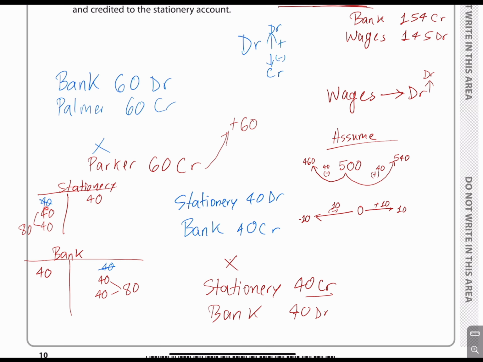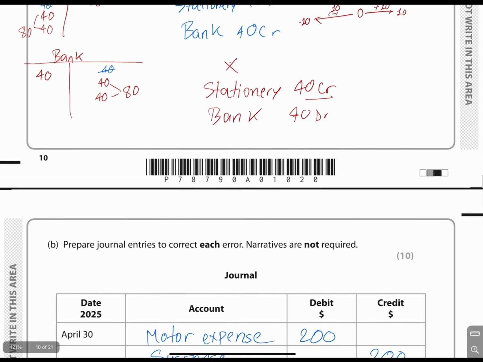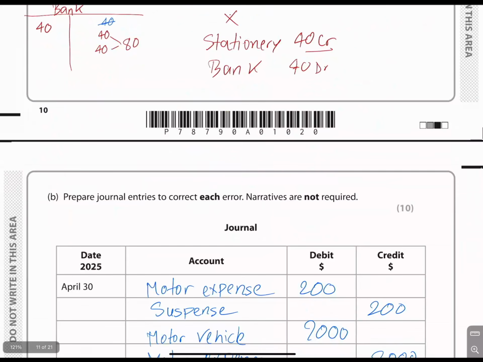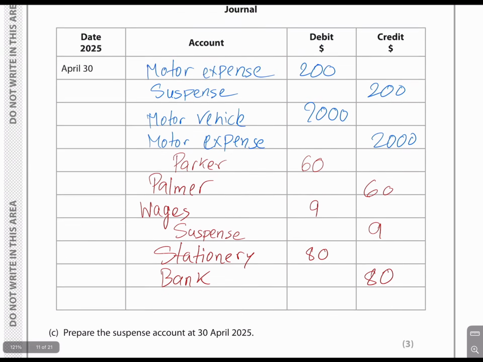So if we enter one time, it cancels each other out, and we have to give another 40. So in total, we have to debit 80 to correct an error of reversal. Narratives are not required, so we don't have to give any narratives on these journals. So in total, we have gotten 10 marks.